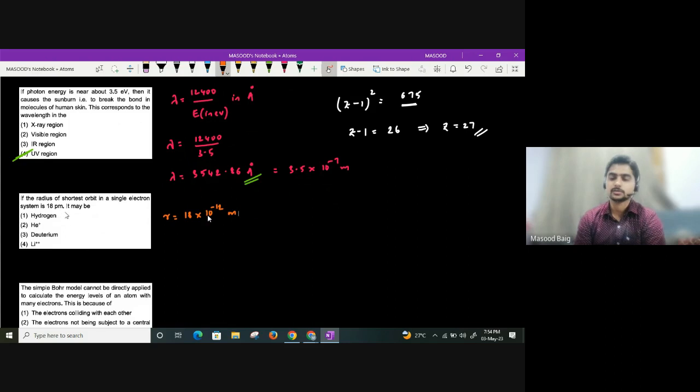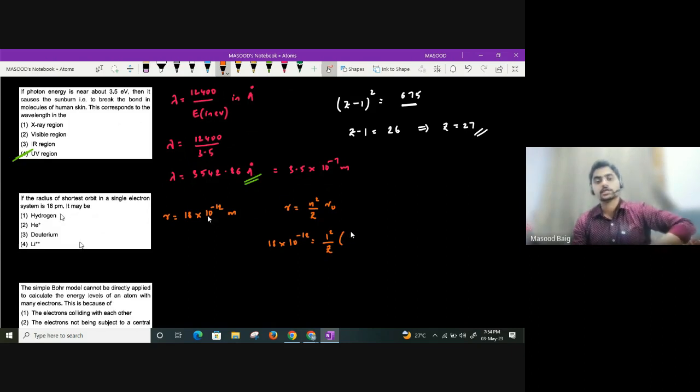Shortest orbit will be nothing but your first orbit. So what is radius variation again? We can write it as n square divided by Z into r naught. Radius we got is 18 into 10 power minus 12. Anyhow, it will be in first case only. Z into what is r naught value? 0.53 angstrom we will write, guys. So I can take it as 53 into 10 power minus 12.